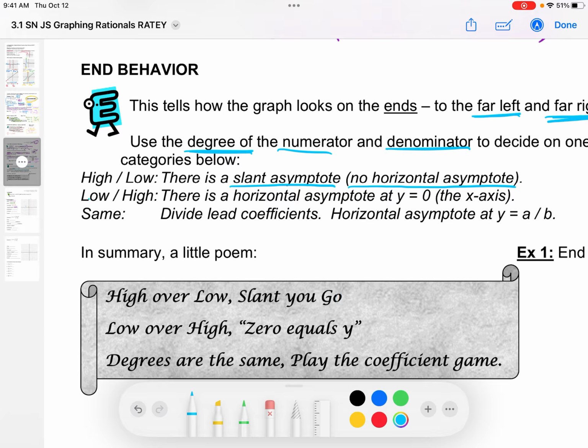There's not a horizontal in that case. If it's low over high, meaning the degree in the top is low and the degree on the bottom is high, there is a horizontal asymptote at y equals 0, which is the x-axis. If the degrees are the same, we divide their leading coefficients, and that creates a horizontal asymptote at the line y equals a over b, a and b being the lead coefficients.